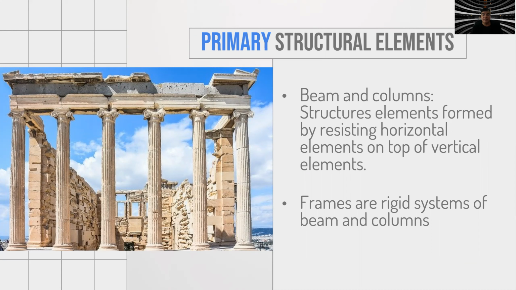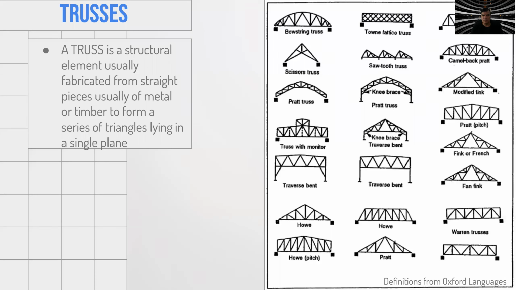Frames are rigid systems of beams and columns. We also have trusses, which are a little more complicated. A truss is a structural element usually made of straight pieces, metal or timber, that create a series of triangles. Usually they lie in a single plane, and they allow supporting very big spans and loads that cannot be that heavy.